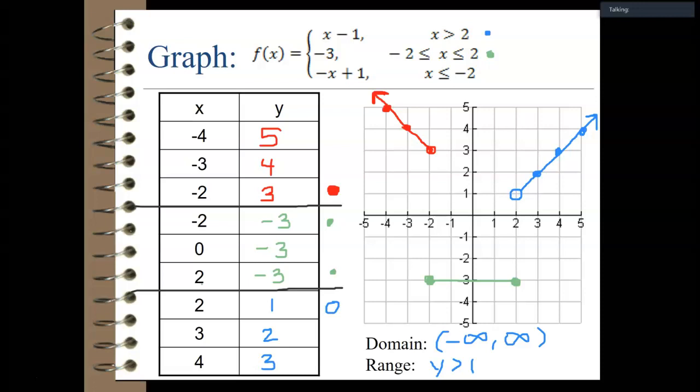What y value can we not forget that happens down below? What other range values are included, Stephen? Exactly. So I have to write y equals -3 also. So the y values are greater than 1 and include -3.